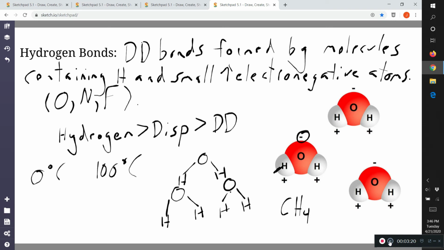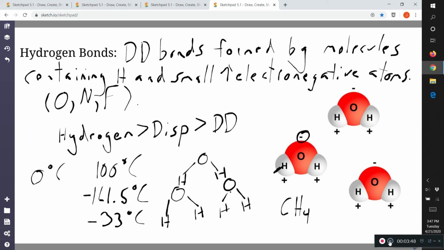There's no dipole-dipole. There's no hydrogen bonding there. It boils at negative 161.5 degrees Celsius. And to freeze it, we'd have to go even lower than that, so way lower than 0. And ammonia, for instance, is at negative 33 degrees Celsius.